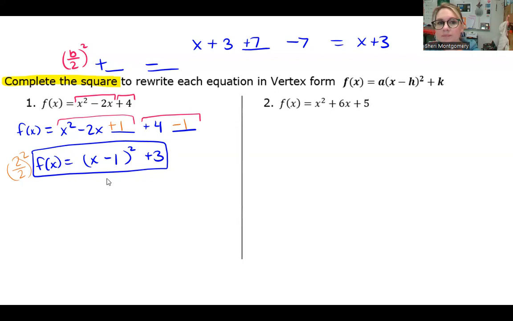What is H? +1. Remember, it's always opposite. And then what's K? It's 3. Since we had a rough time with that, let's jot that down. A would be 1, H would be 1, and K would be 3.